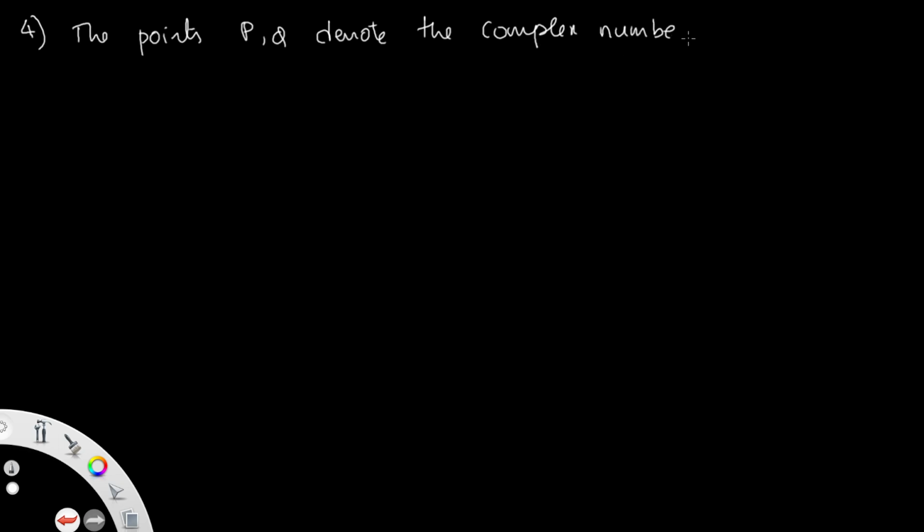Question number 4. The points P, Q denote the complex numbers Z1, Z2 in the Argand plane and O is the origin.